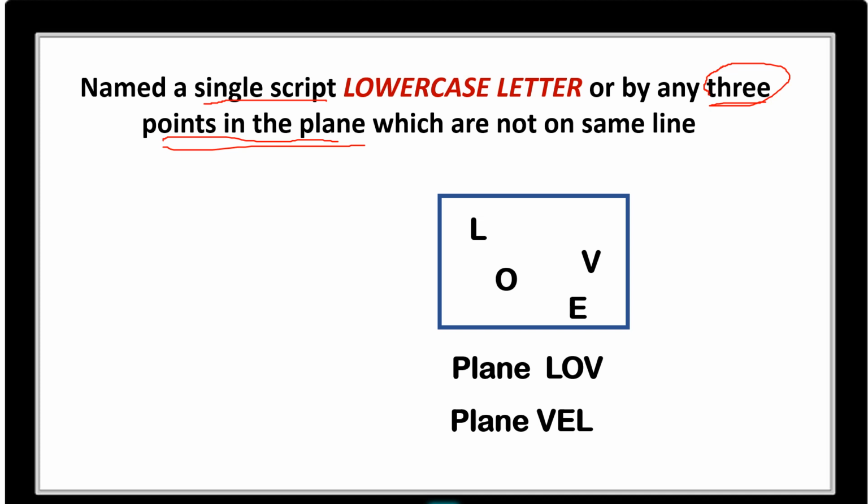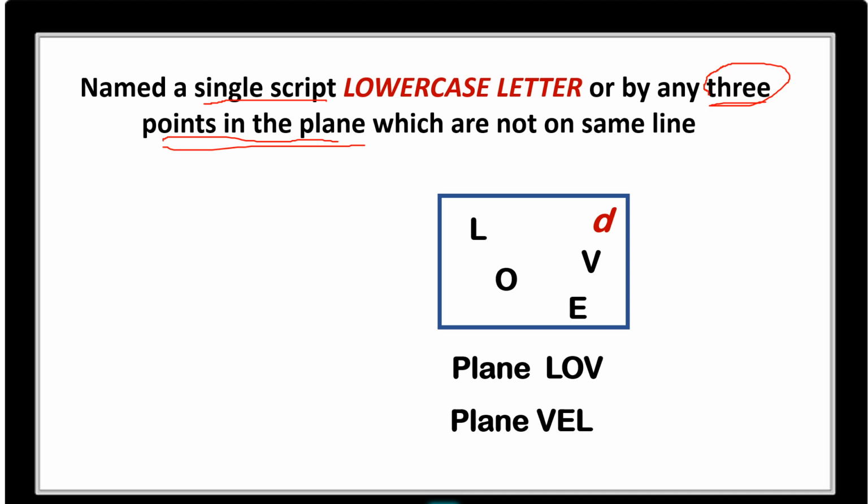Now, if in case ayaw po natin sa capital letters na 3, then nagkataon ay meron namang isang single script lowercase letter within the plane. Halimbawa, I have here D. So, nag-isa po. Ibig sabihin nun, pwede po natin i-represent ito in a single script.